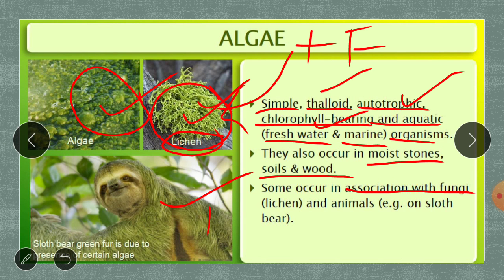This green colored fur is nothing but the algae. The algae have grown over the hair of this sloth bear. So algae found in association with fungi are called lichen, or even on the hair of the animals algae are found sometimes.